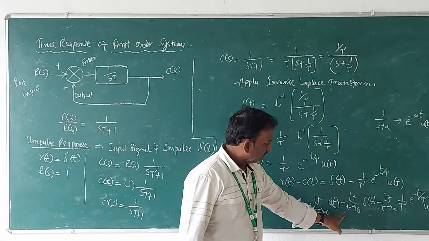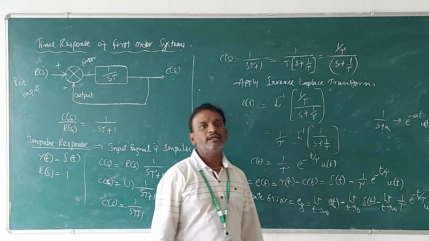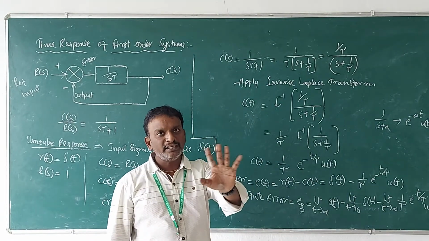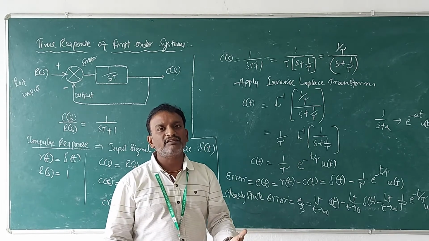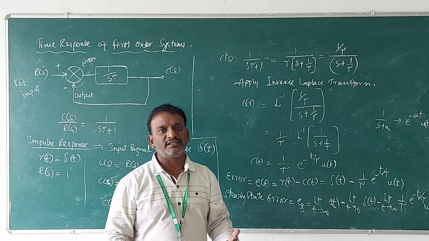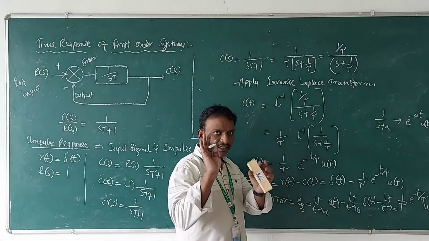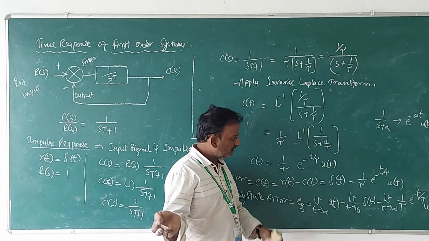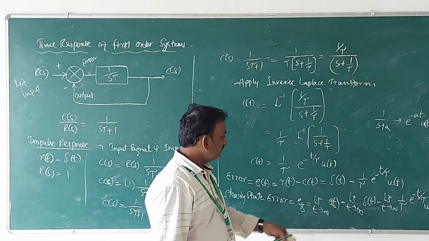Coming to here, limit t tends to infinity of delta of t. What do you mean by delta of t? Impulse signal. It is defined only at t equal to 0. For the remaining time values, it is undefined. So its output is defined only at t equal to 0. At t equal to infinity, it is undefined.